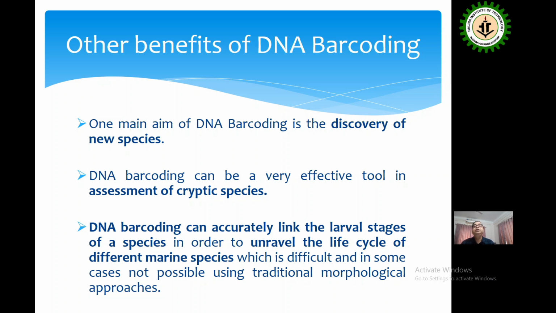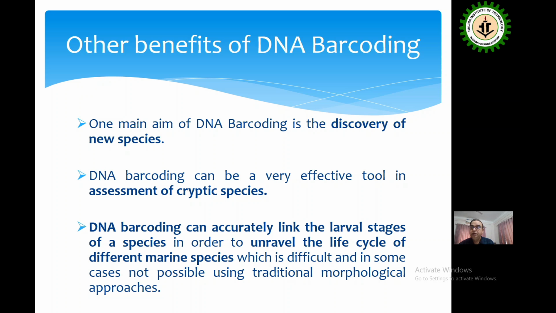And DNA barcoding can also be a very effective tool in assessment of cryptic species. So what is cryptic species? Cryptic species is a species which is molecularly different, but it is morphologically identical.